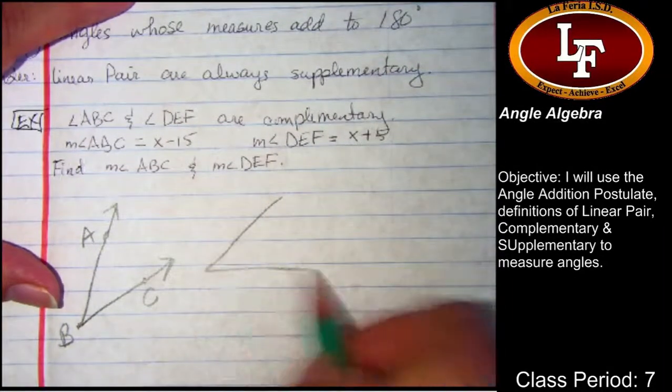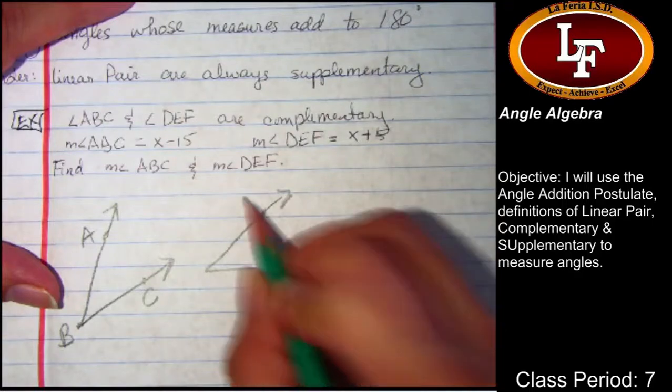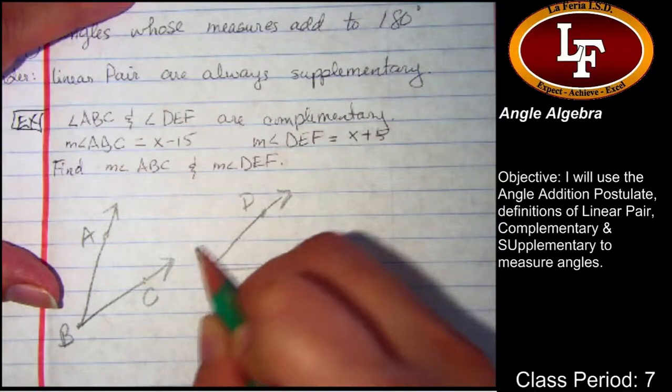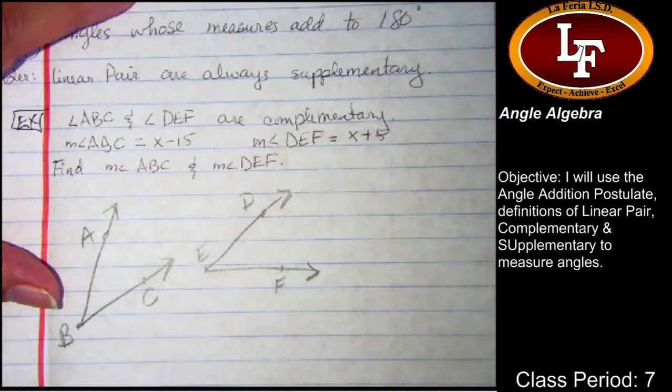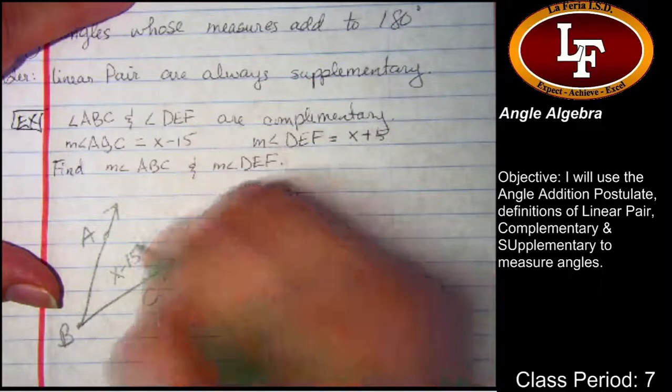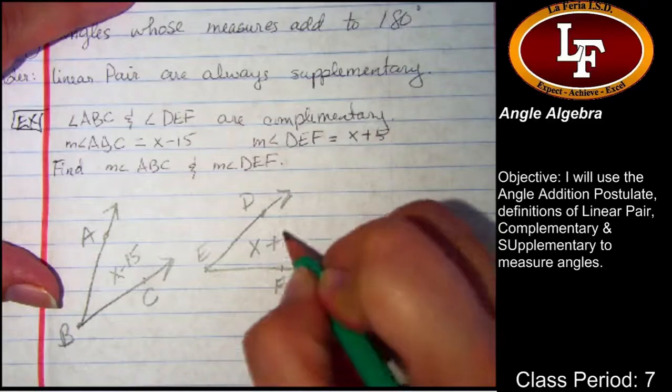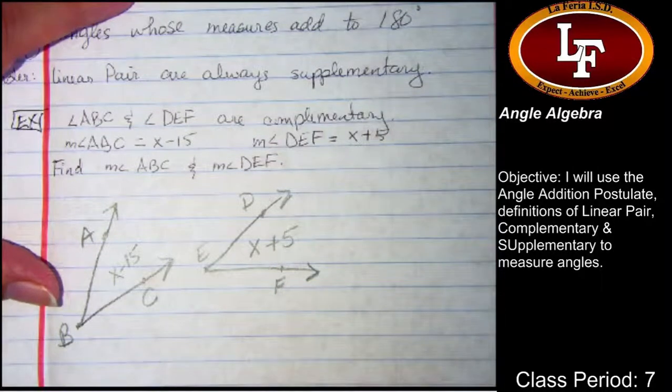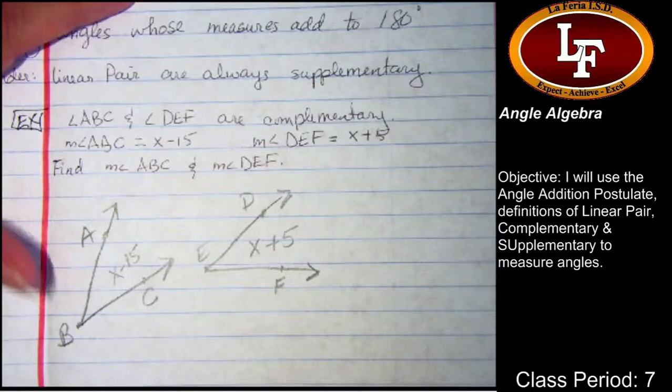And then I have some other angles sitting over here. That's angle DEF. And the measure of this angle is x minus 15, and the measure of this angle is x plus 5. And that's all we know.